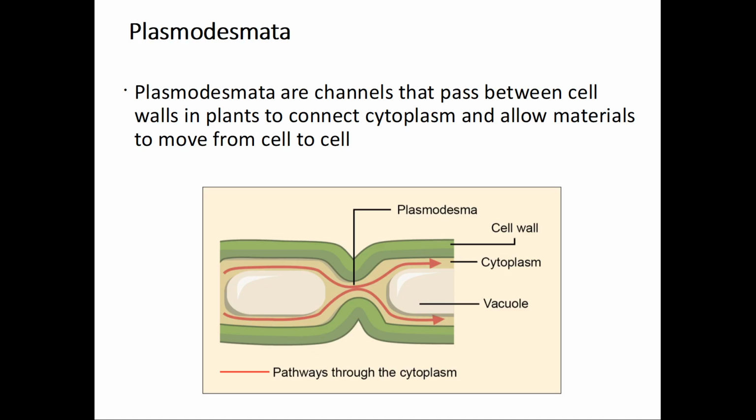These pores are lined with plasma membrane, and it allows for the direct exchange of cytoplasm between adjacent plant cells. However, this doesn't mean that cytoplasm just freely flows between adjacent cells. There's regulation in here as well.